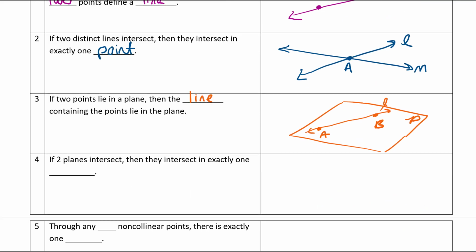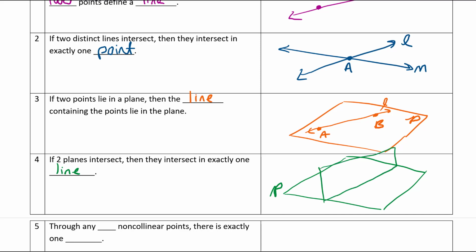Next, if 2 planes intersect, then they intersect in exactly one line. So it's very similar to the third one, except we're talking about intersecting planes instead of a line. So let's say we have a plane. This is a little difficult to draw, but we're going to do our best here. We have a plane here. We'll call that plane P. Okay, and then if you kind of think of it like a ping pong table net or something like that.